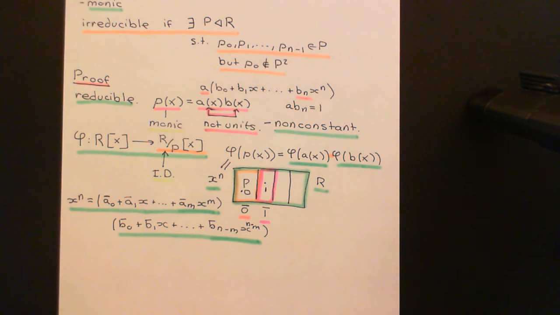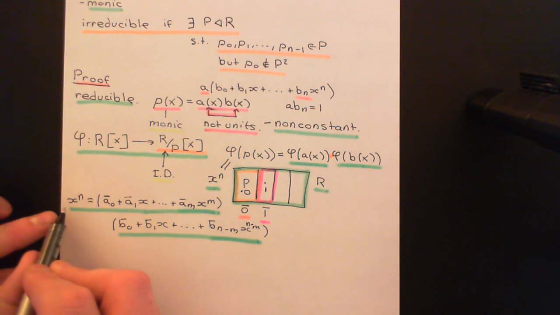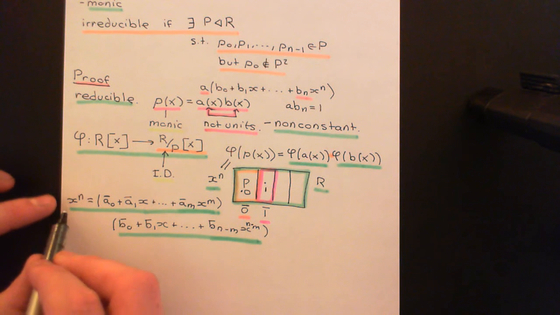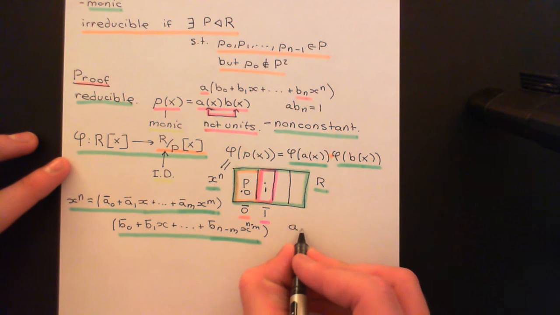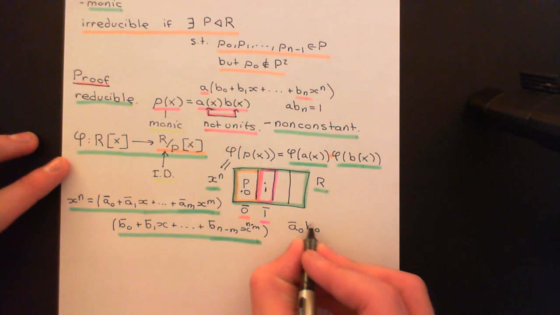Let me now give you a more rigorous argument as to why you can conclude that both of these constant terms, a0 bar and b0 bar, are equal to 0. The reason you can do this is, firstly, the constant term on the left-hand side is 0, and the constant term on the right-hand side is going to be a0 bar times b0 bar.